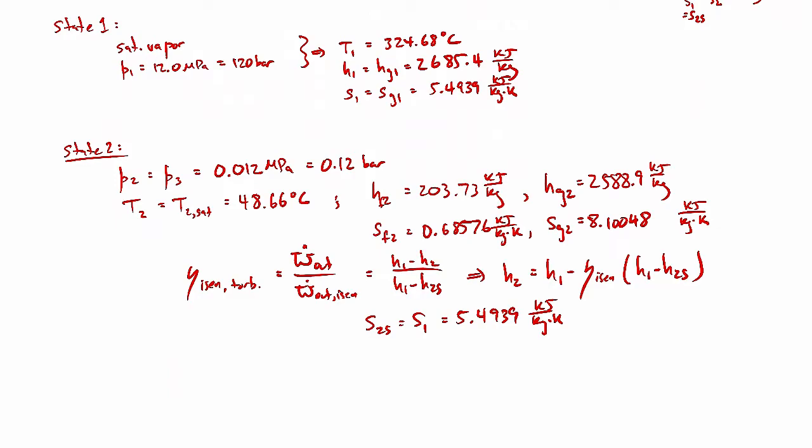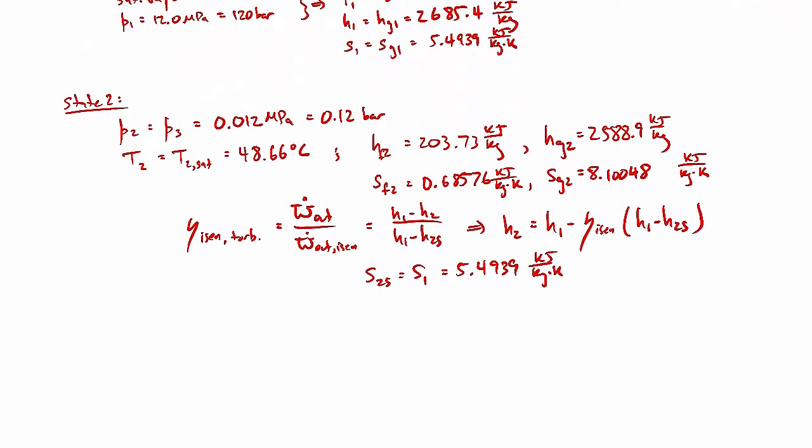I have enough information to determine the rest of the states, so I can find the quality at state 2s. You'll see that the 5.49 is between the saturated liquid and saturated vapor values, so it will have some quality. And if I can find the quality from that, then I can use that quality to calculate H2s. And then once I have H2s, I can find H2. So there are a number of steps involved.